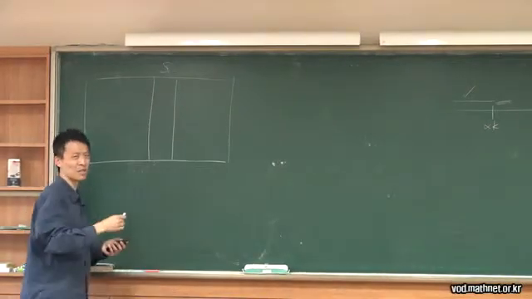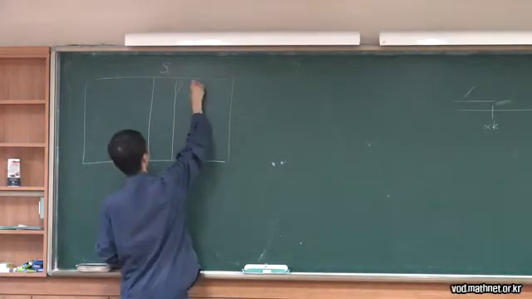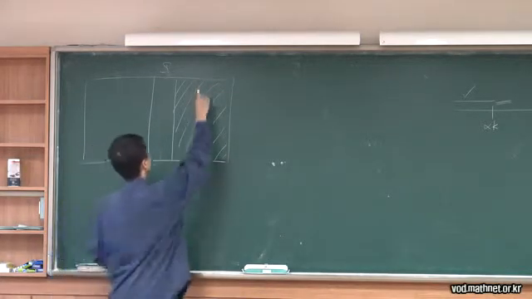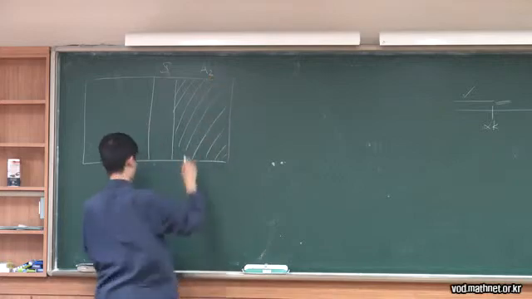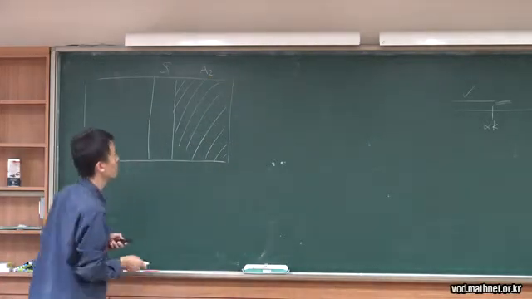The independence numbers have to be 2 and 1. So this side, let's say it's 1. With a clique, let me call this A2.